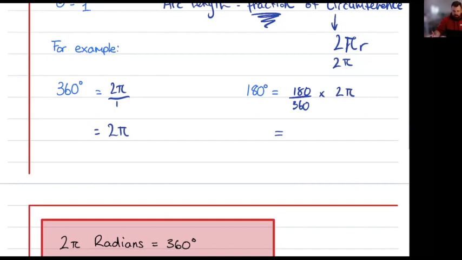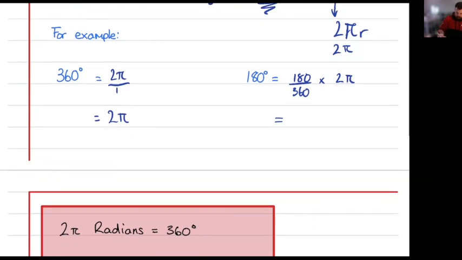And when I'm looking at this, as mathematicians don't like big numbers, let's simplify where we can. I know that this simplifies to a half, and a half times 2 pi, the two also simplify out. And what we are left with is 180 degrees is equivalent to pi.